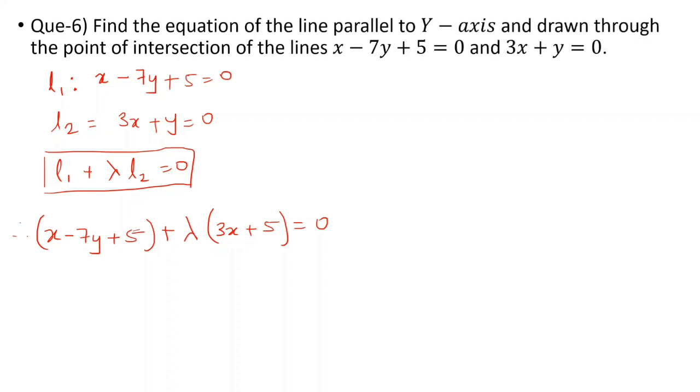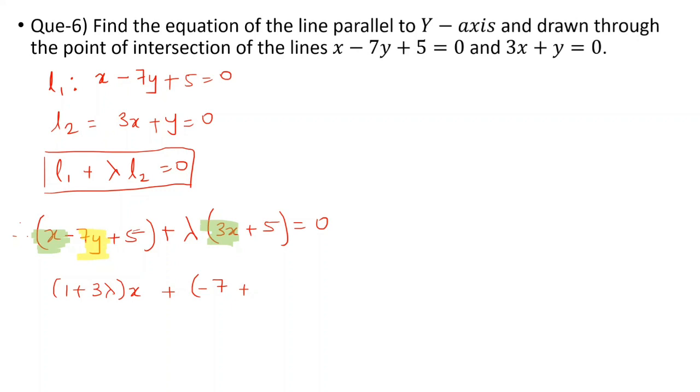Here it is x, here it is x, and for yellow color, that it is y, and there is no y term here. So I can write 1 plus 3 lambda into x common, plus here it will be minus 7, and here it is lambda only, 1 lambda I can say.